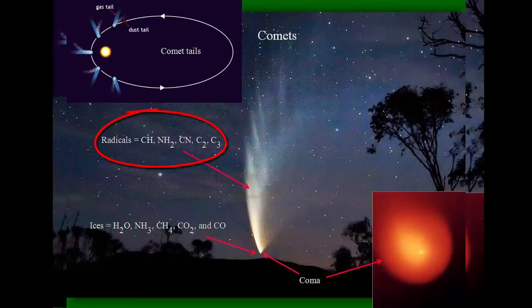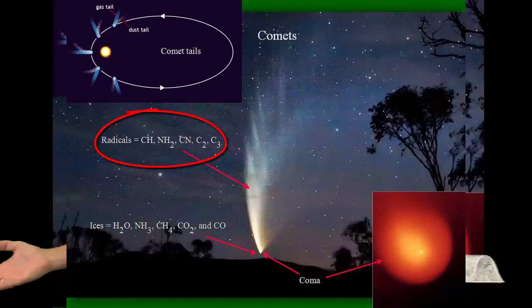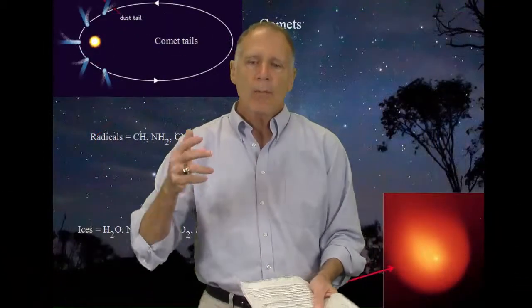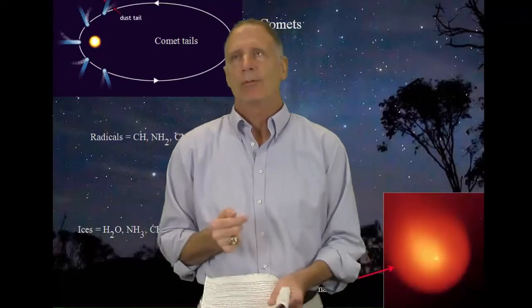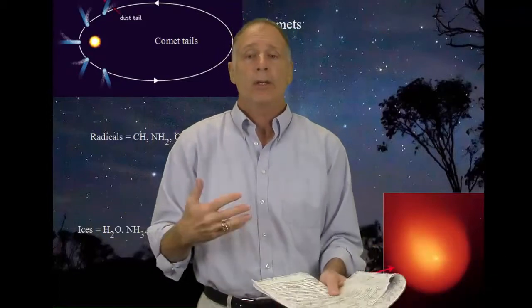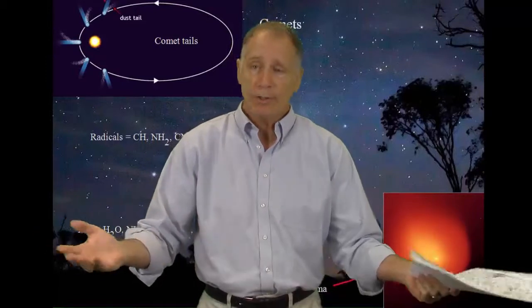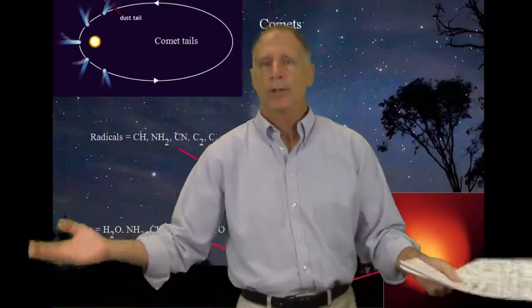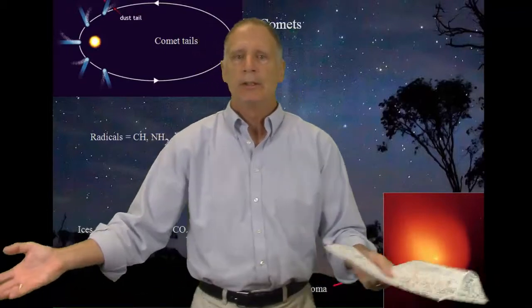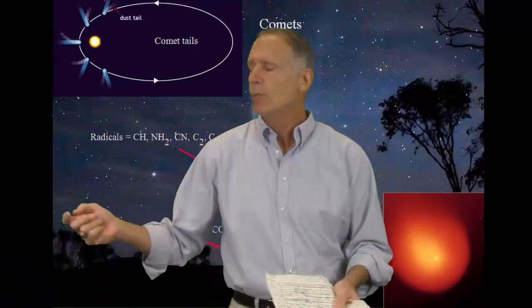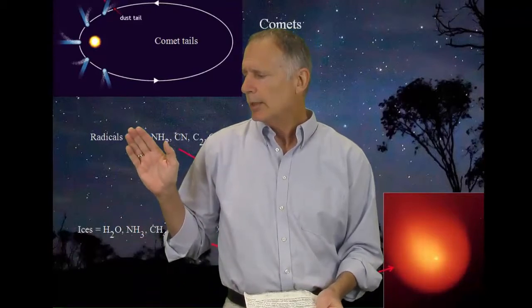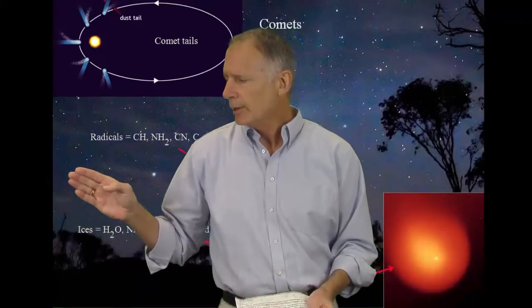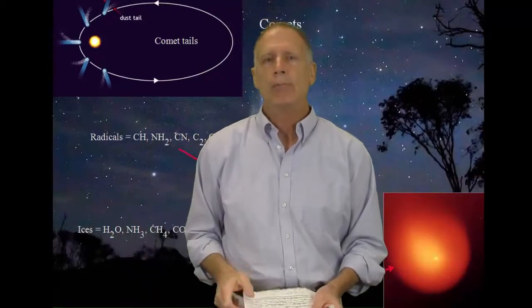Those compounds you see there, CH, NH2, CN, C2, C3, are called radicals because they radically react, if you want to know the truth, with other compounds in Earth's atmosphere. So those are not stable in Earth's atmosphere. They can only be stable in a place like space. They would readily react in our atmosphere, and that is an important thing to know about comets.